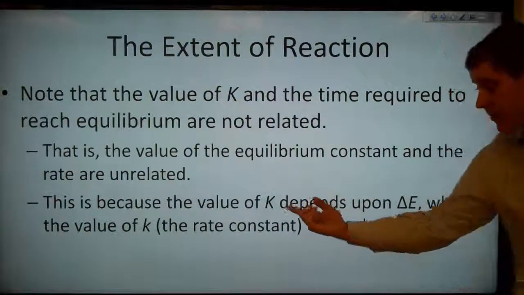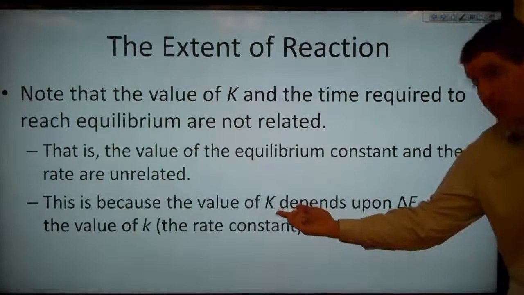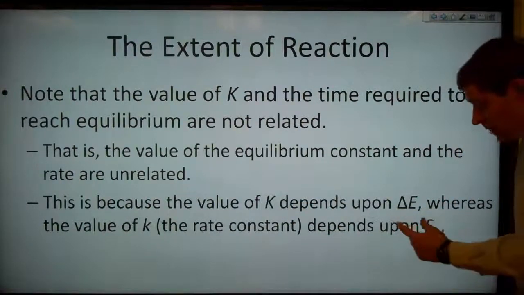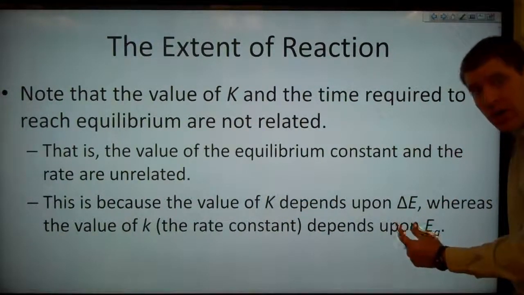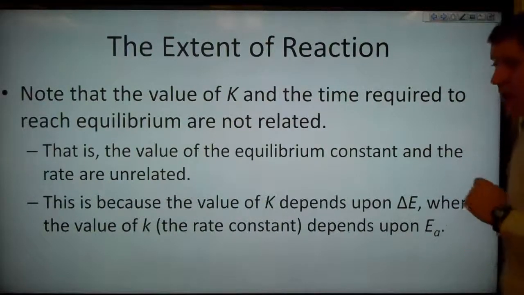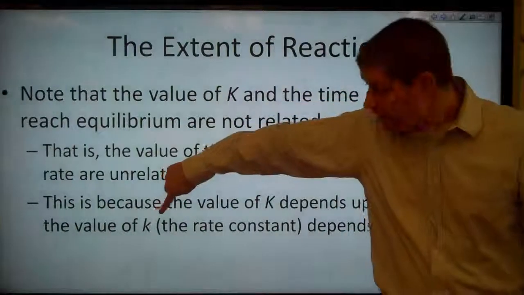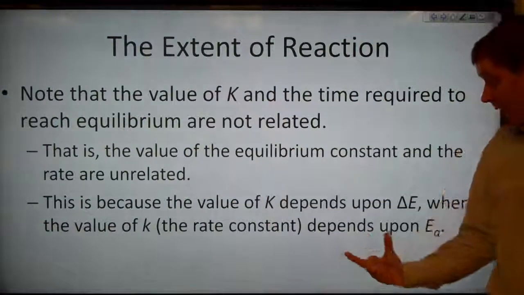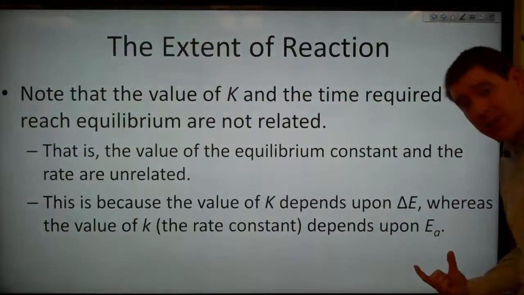This is because the value of K, uppercase K here, the equilibrium constant, depends upon the change in energy from reactants to products. But the value of lowercase k, the rate constant, depends upon the activation energy.